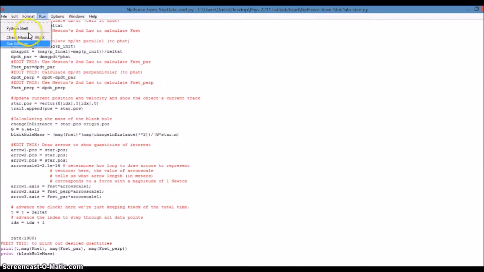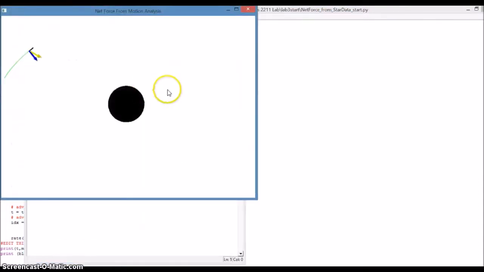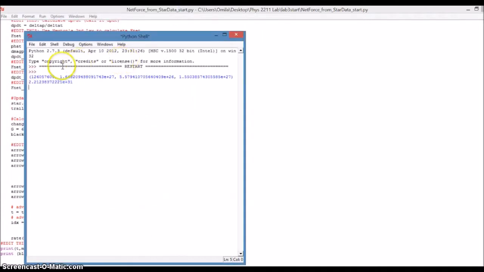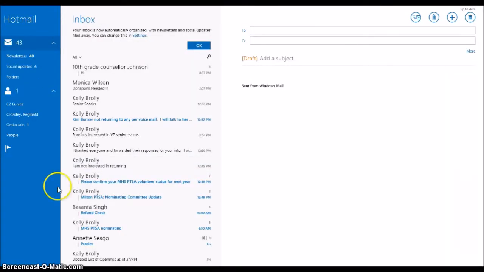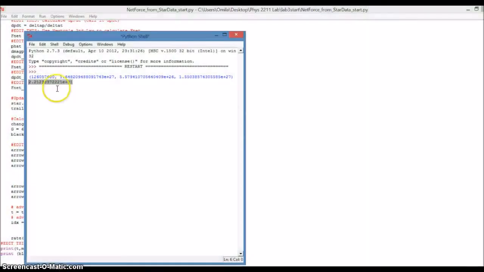When the code is run, you can see the movement of the star during its orbit around the black hole, and the three arrows show the different components of its movement. The black arrow is the parallel component, and the blue arrow is the perpendicular component of its movement and momentum. Upon being run, the code showed that the mass of the black hole was 2.212 times 10 to the 31st kilograms.